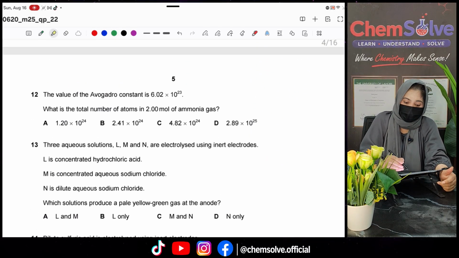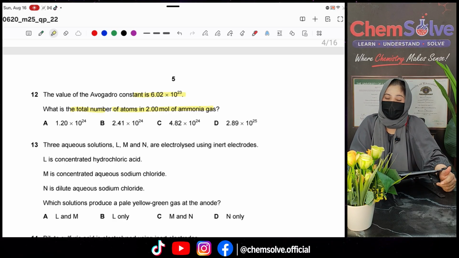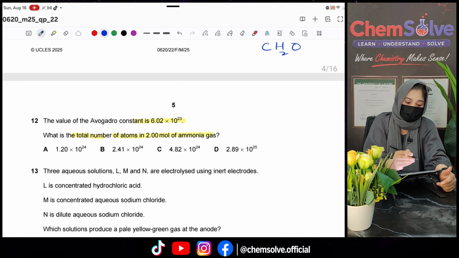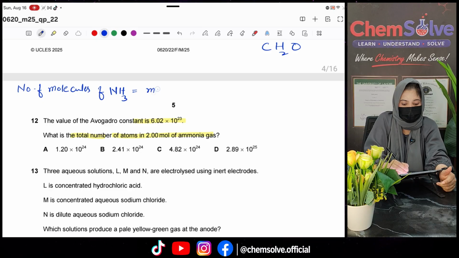The value of the Avogadro constant is 6.02 × 10^23. What is the total number of atoms in 2 moles of ammonia? Okay, so we have to use the formula of the Avogadro constant here. But first of all, we need to calculate the number of molecules in 2 moles of ammonia. So the number of molecules of ammonia, the formula is mole into Avogadro.